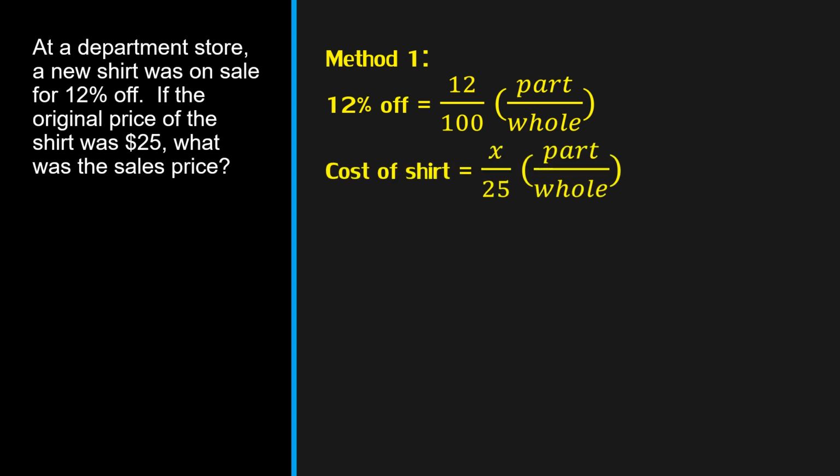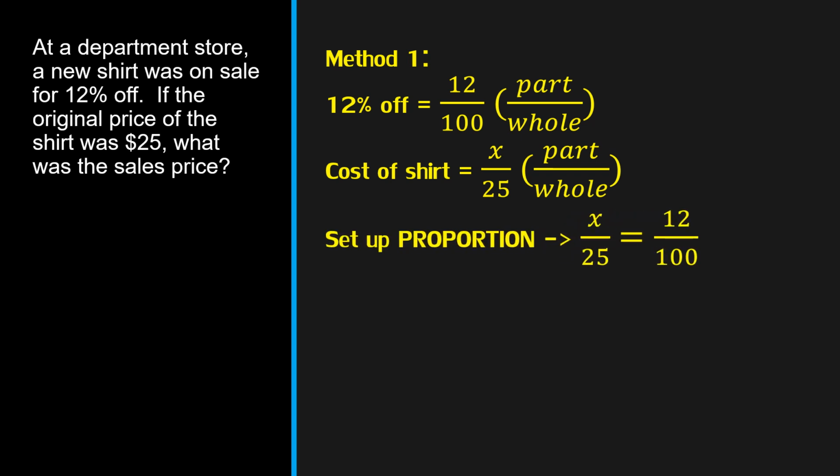Now, the cost of the shirt originally was $25. That's the whole amount. I'm looking for the part. I'm looking for the part that is off. I'm looking for the part that is on sale. I'm looking for the part that I can take away. That's what all that means. So I'm just going to set this up as a proportion.